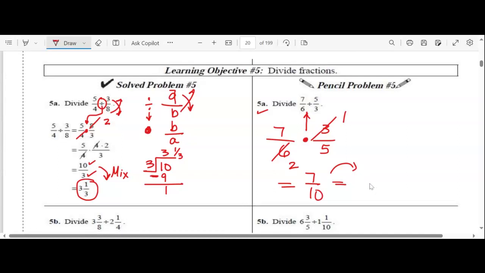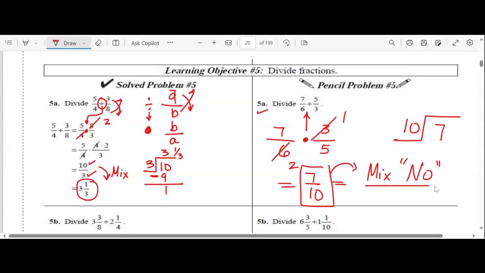Can I convert it to a mixed number? No. The answer is no. Why can I not convert it? Because you cannot divide. 10 goes into 7 how many times? Cannot go, right? So this is your final answer. Is this clear? If you understand, raise your hand. If you don't understand, raise your hand.